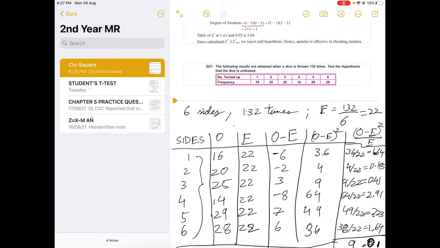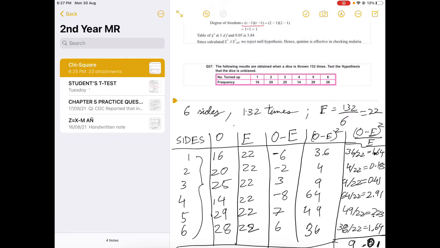When you are asked to test whether something is biased or unbiased, automatically it's a chi-square problem. How do you proceed? First, we have to estimate, if it is an unbiased dice, how many times each side will come if we are throwing the dice 132 times.